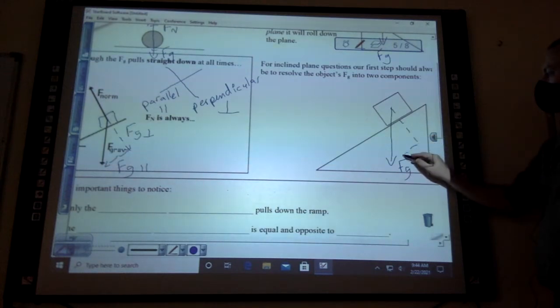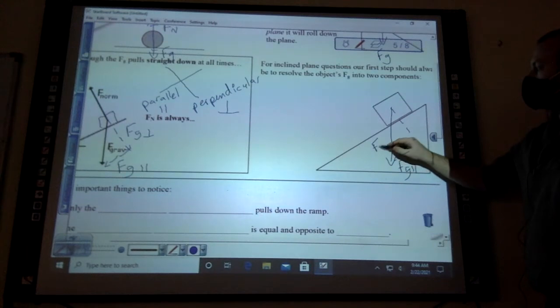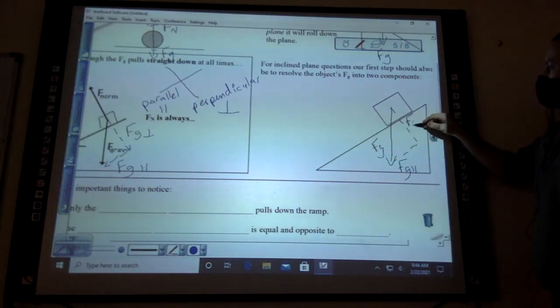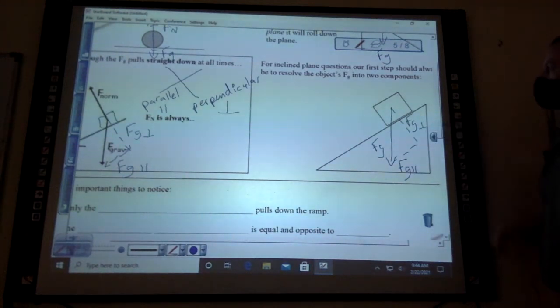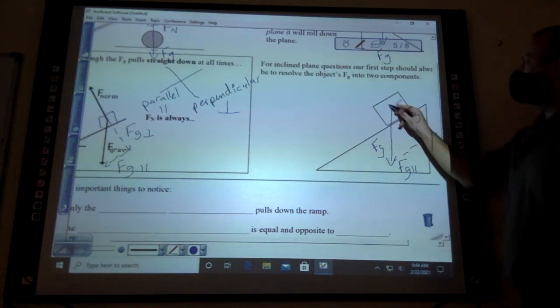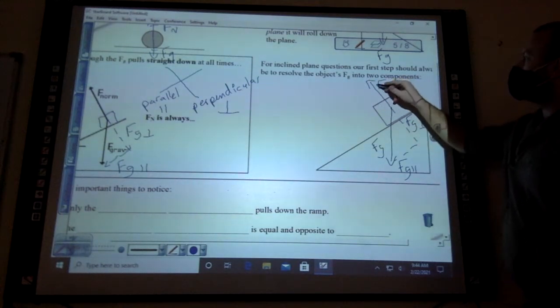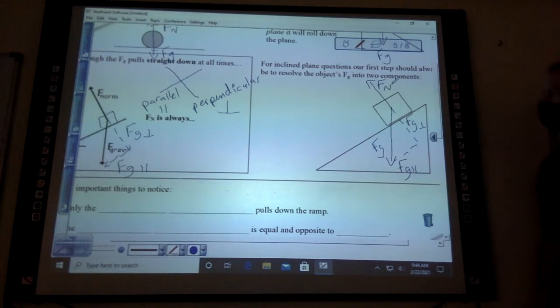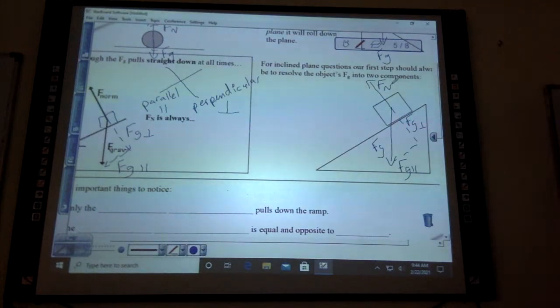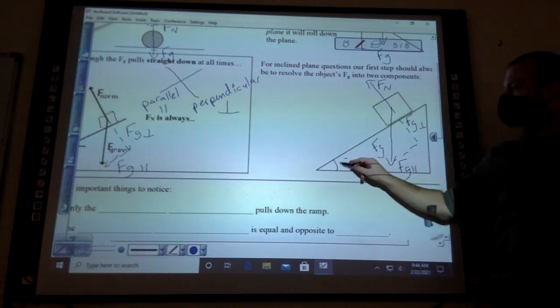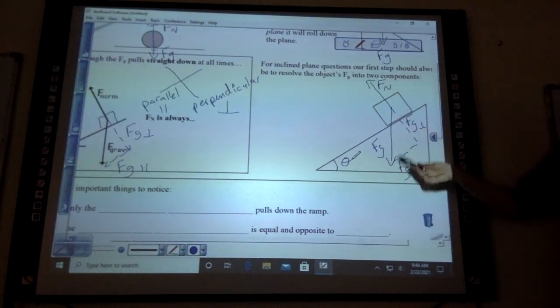We split it up like this. This one's the parallel, this is FG total, this is FG perpendicular. And then the force normal sticking out like this. The question becomes, if this is theta, where's theta in this triangle?